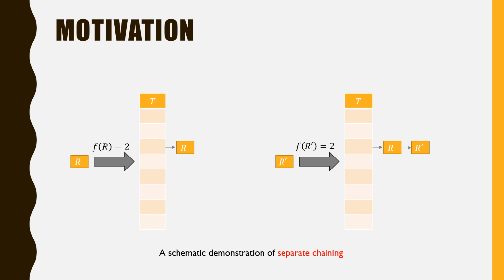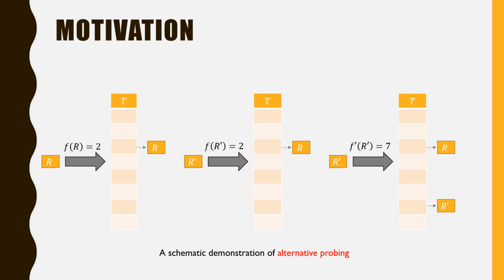We do the same for the second record R' and obtain the same hash value 2. Now, a collision happens, as two different records, R and R', have the same hash value of 2. With separate chaining, we simply append the record R' to the end of R and form a linked list.